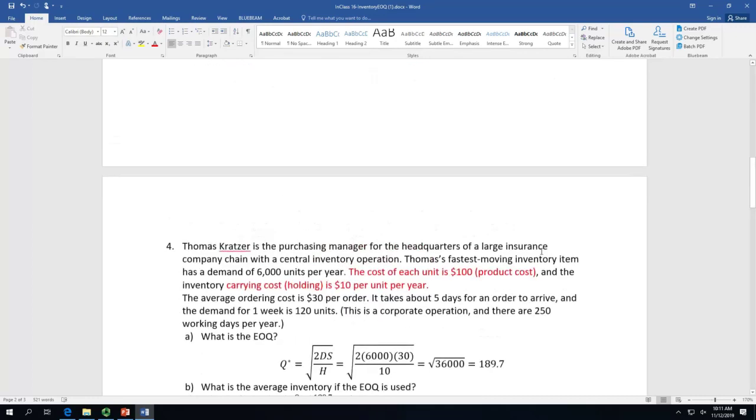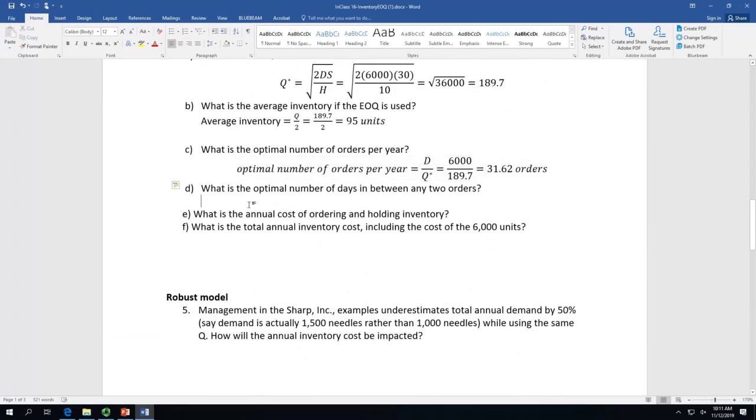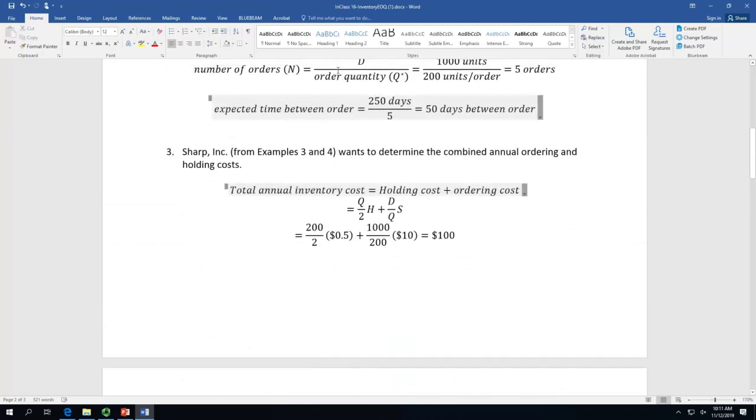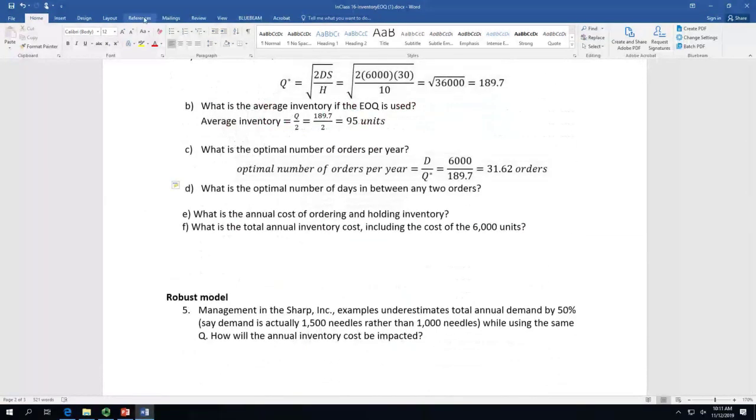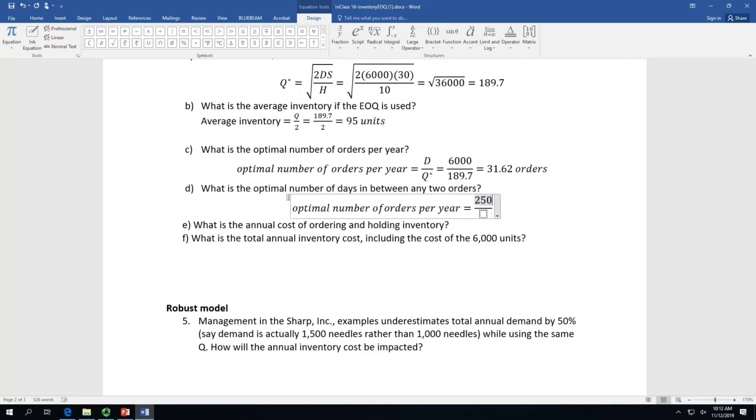It's similar to this question, 250 working days total. So in each year there are 250 days, but they need to make how many orders? 31 or 32 orders.